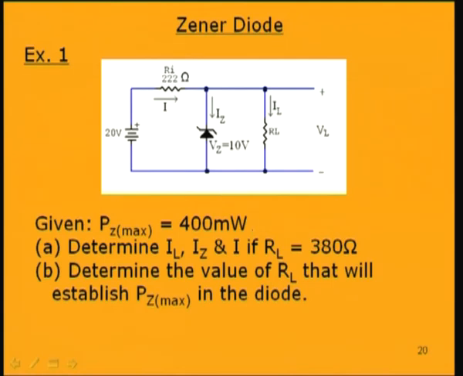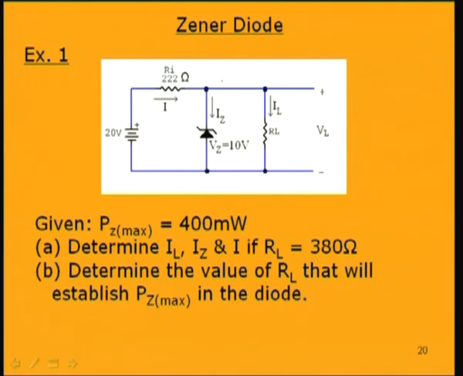In order to solve these two problems, in the first part you have to find the currents IL, Iz and I. Before finding the currents, we must first ensure whether the Zener diode is turned on or not. That is, whether breakdown is occurring in this Zener diode or not, that has to be found out.